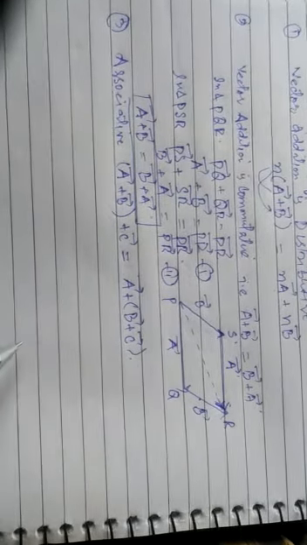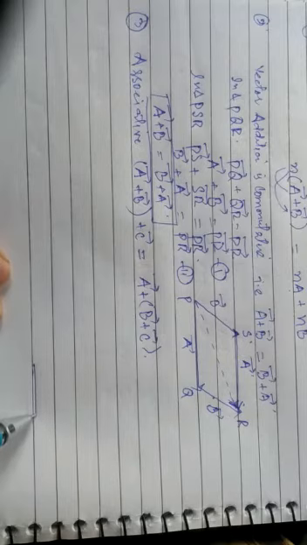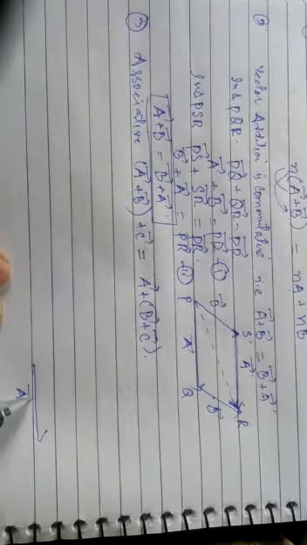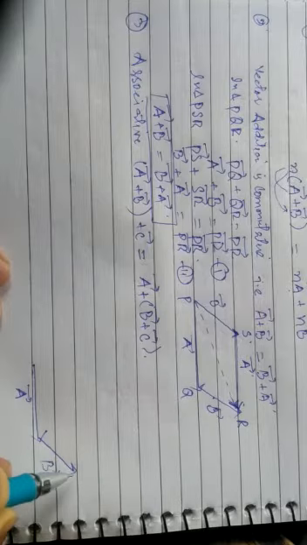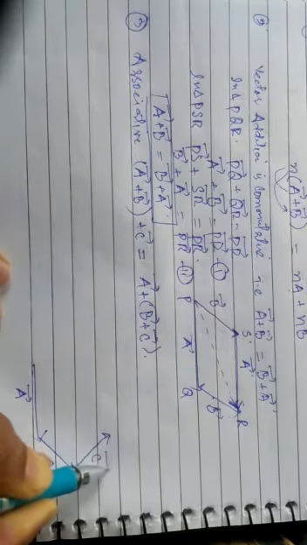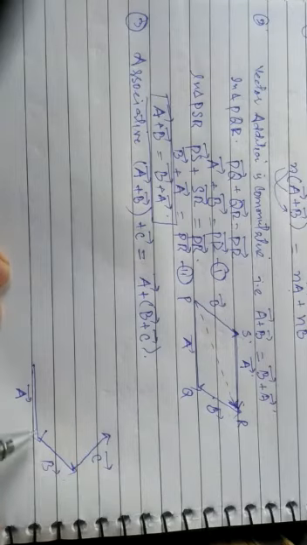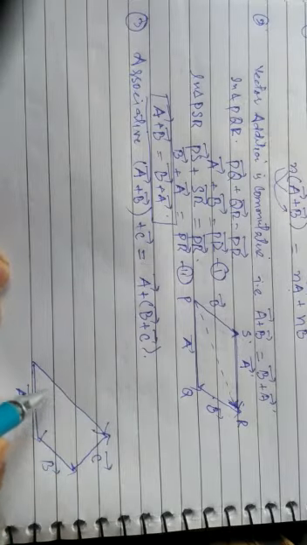So we have to show it like this. If we have this as vector A, now this is vector B, and this is vector C. Vector A, vector B, vector C, and then this is the closing vector, which gives the resultant by the diagonal law of vectors.